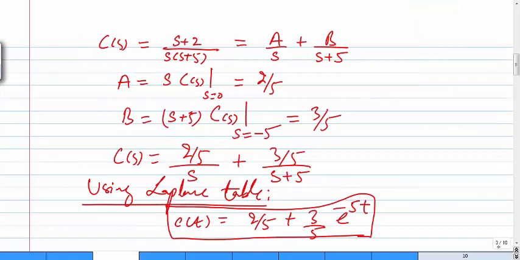Because we want the time response, we need to calculate the inverse Laplace. For inverse Laplace we do the partial fraction, and from here we get the inverse Laplace. Now using the Laplace table we get this response. For that response we need the input, and here we apply a step input to the system.